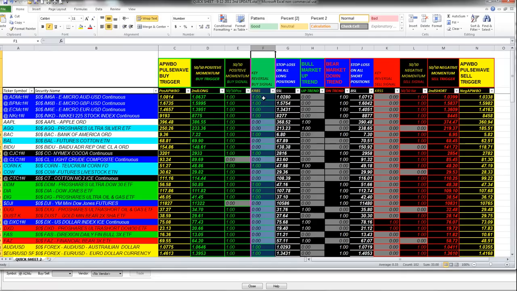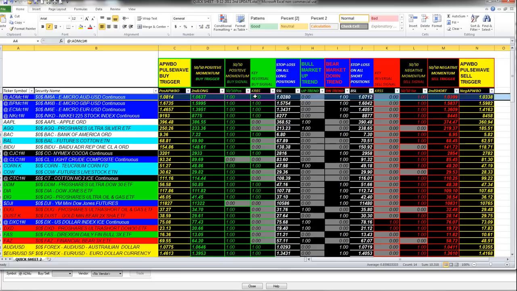For example, if it's been in a downward trend and you get a reversal signal here, such as in the Australian dollar, it's telling you that this market may be ready to reverse. It's building a bottoming process or base, and it wants to go higher.